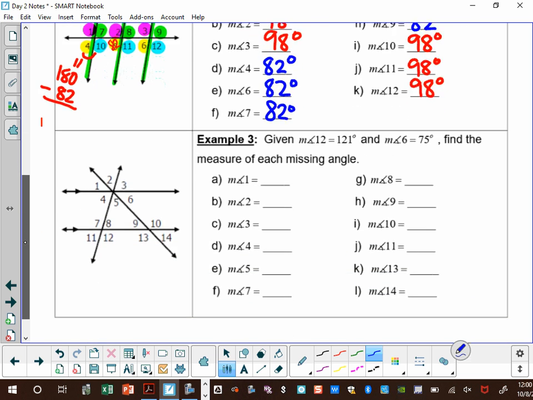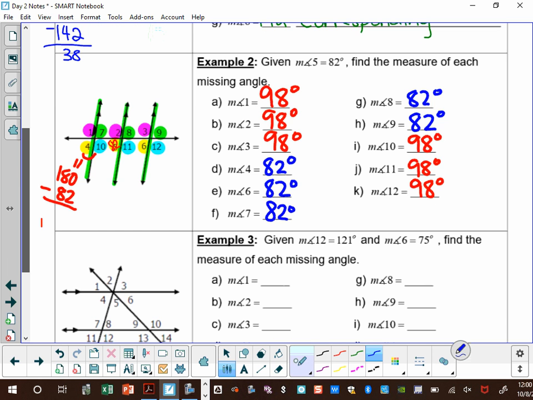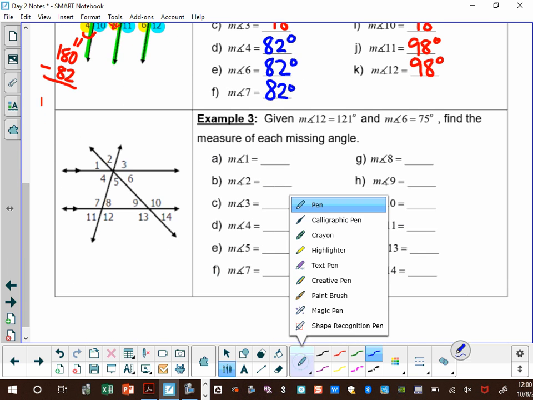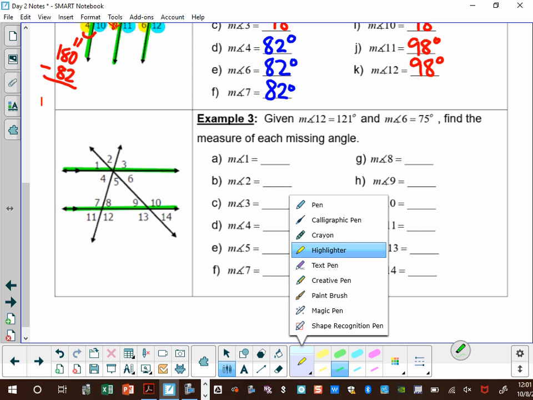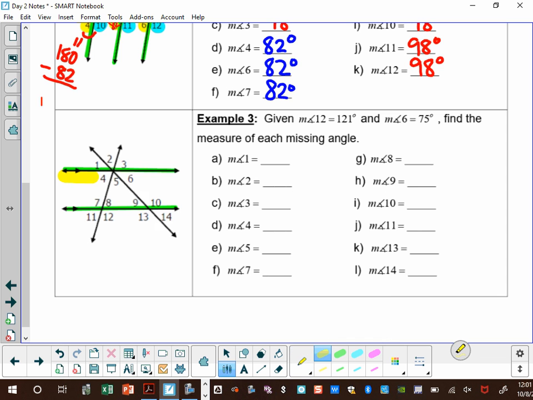All right, example 3. Guys, focus. All right, here are my parallel lines. So my interior is here. Guys, make sure you're highlighting your interior.